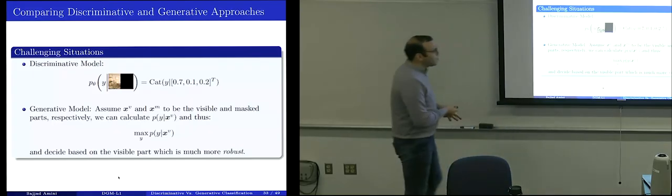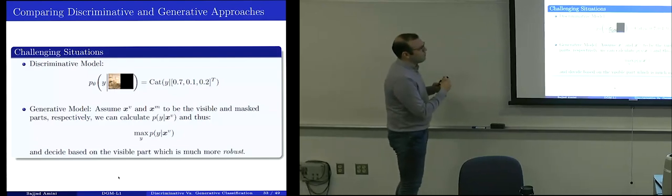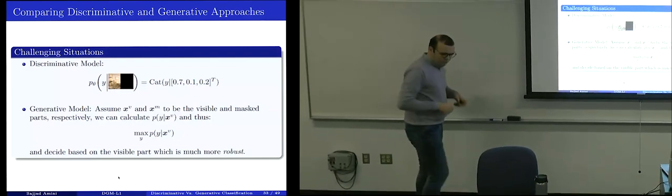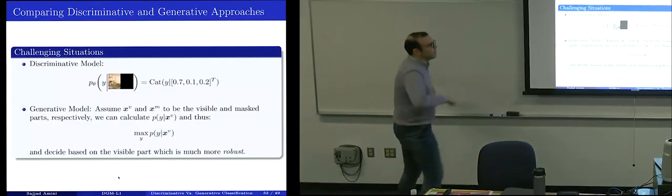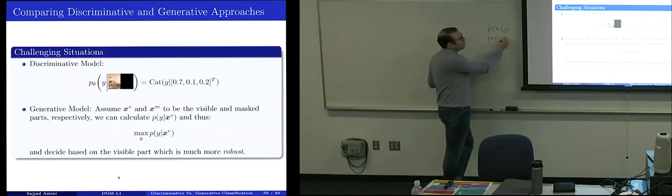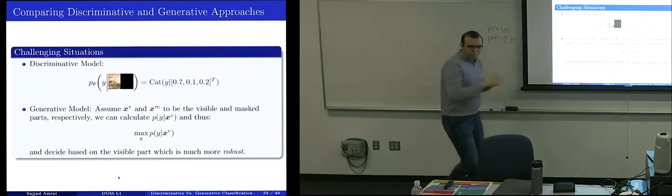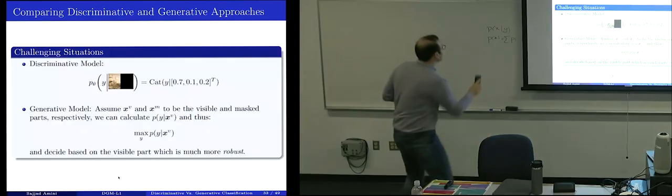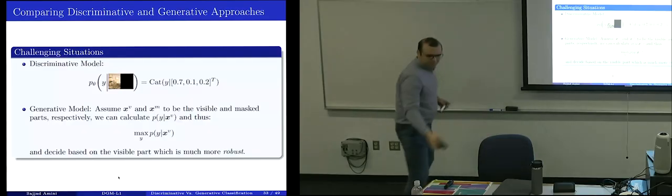But one simple idea, just to have an intuition: in the discriminant analysis, you can generate the distribution over X. How? By marginalizing out over Y. I think those who sit down there cannot see what I'm writing.